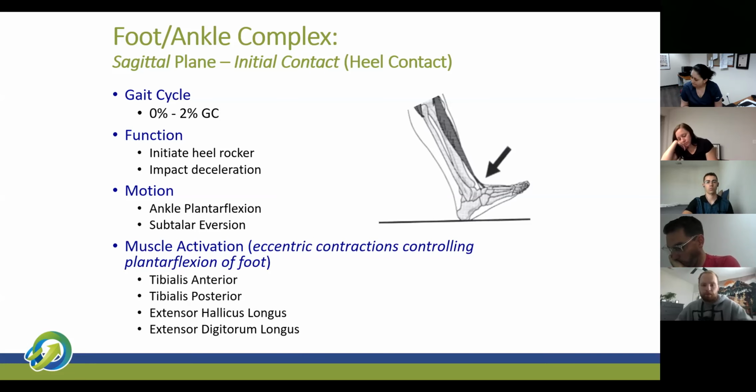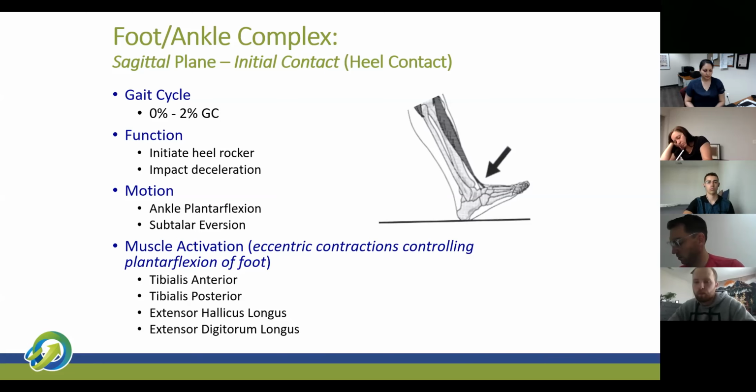So it's kind of counterintuitive. We're plantar flexing, but there are actually no plantar flexors working, well, except the tibialis posterior. It's the lengthening of the dorsiflexors that slows down, decelerates, the foot lowering to the ground.